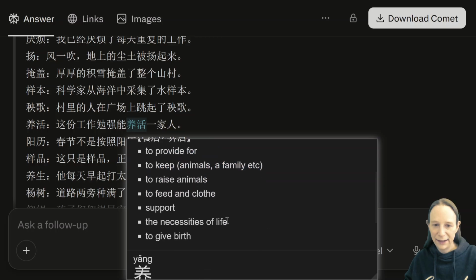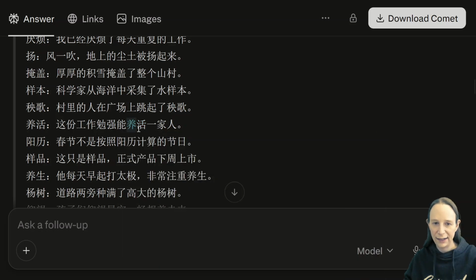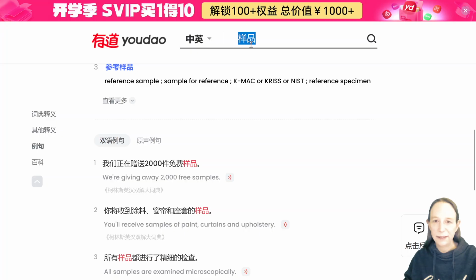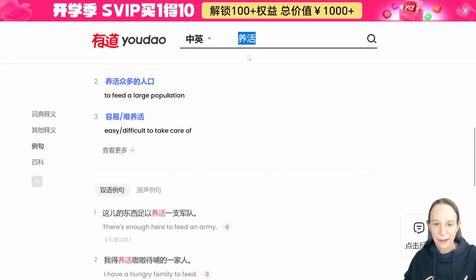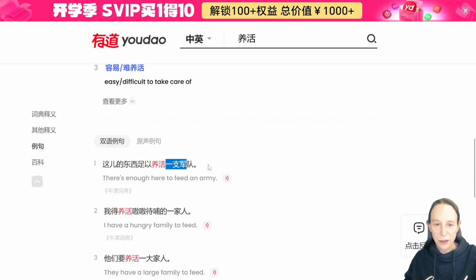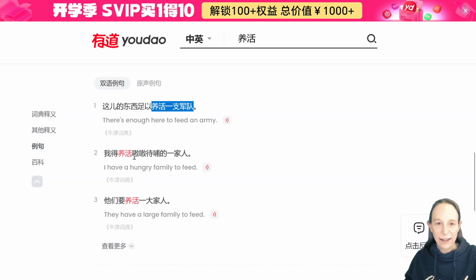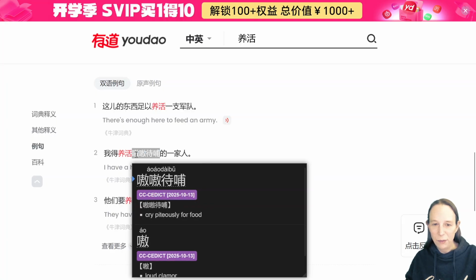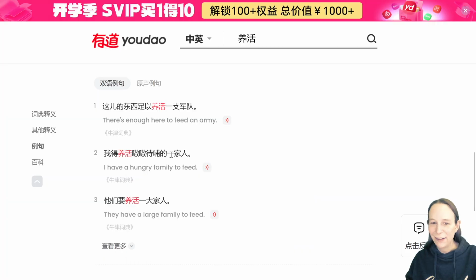Feed and clothe. 养活一支军队, so to sustain a whole army. 嗷嗷待哺的一家人. 嗷嗷待哺, a hungry whole family. I have a family to feed.